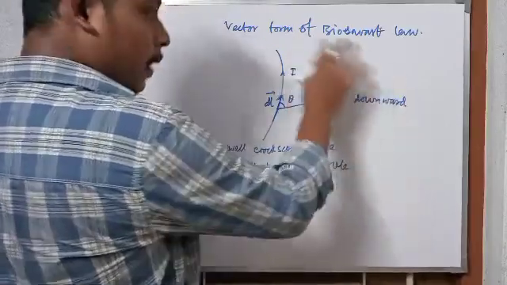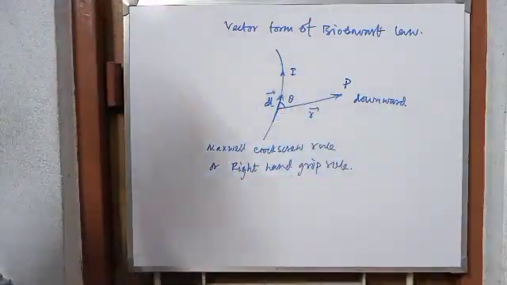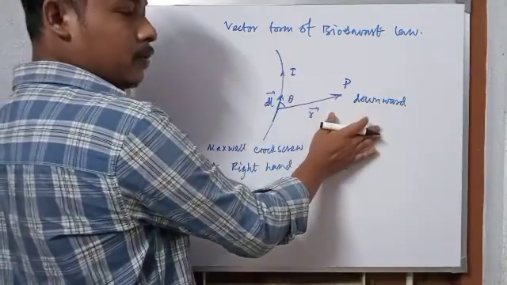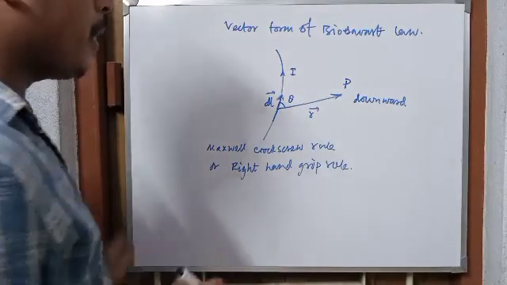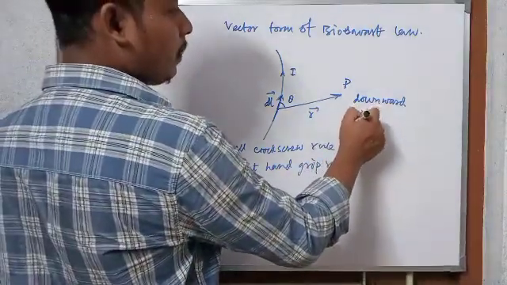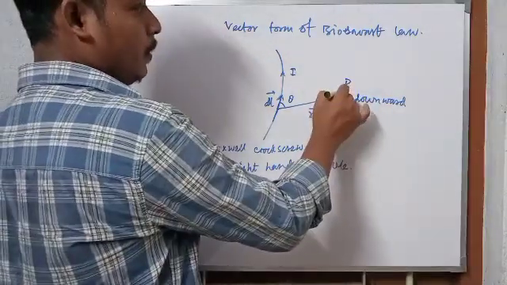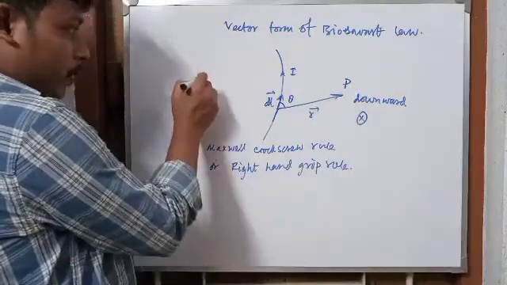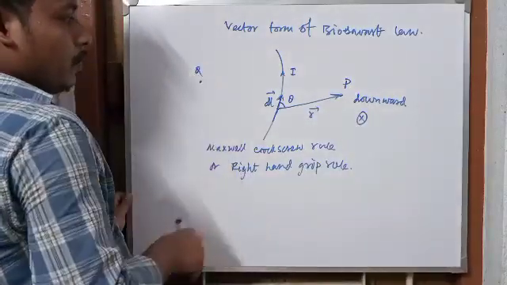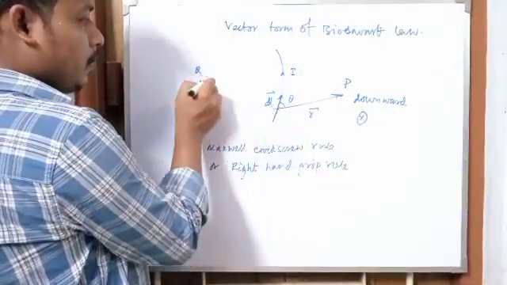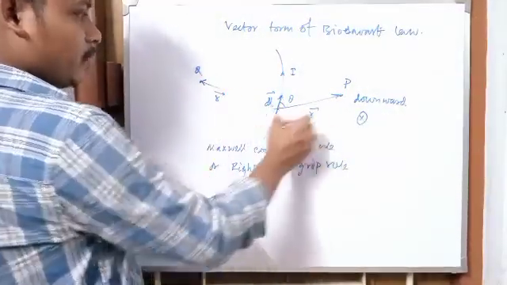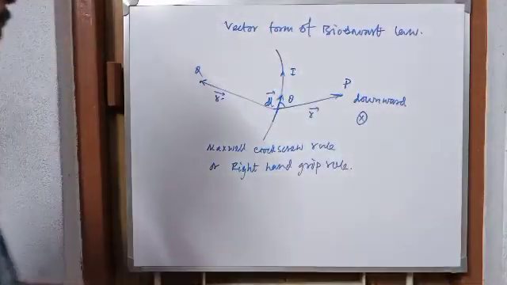Downwards means perpendicular to the plane of the paper, so perpendicularly downward. Perpendicular downward we show in cross notation. Here, if there is a point Q, here is the r dash vector, let's say.